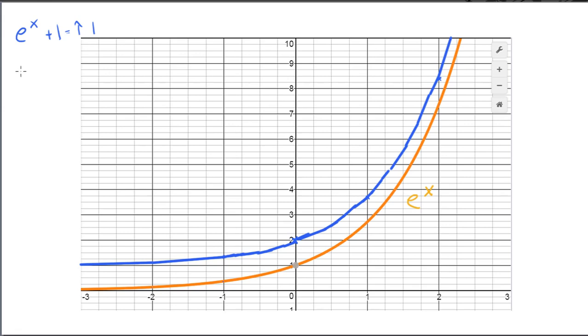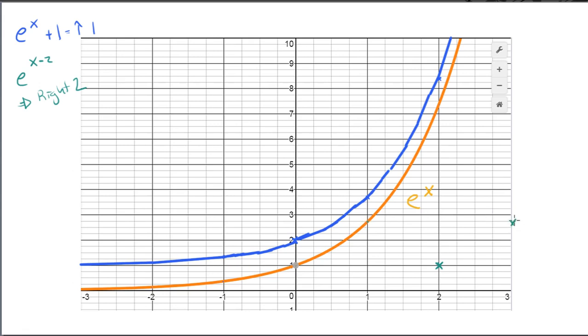Next, I want to do e to the x minus 2, and I want to subtract 2 from the x. So that's going to be going to the right 2 units. Yeah, so this at 0 is actually going to happen at 2. We're going to move right 2 units. This happening at 1, right here, is going to go to the right.